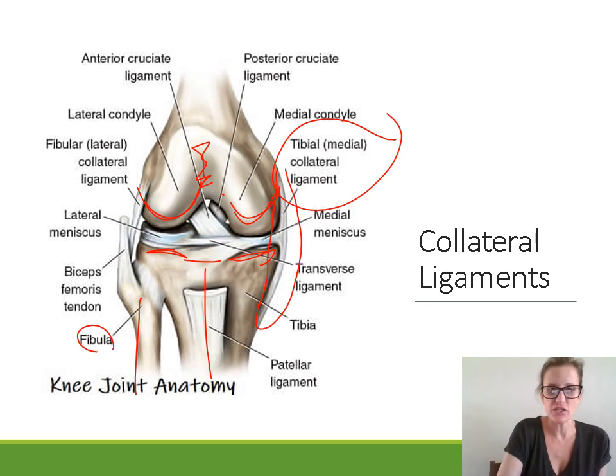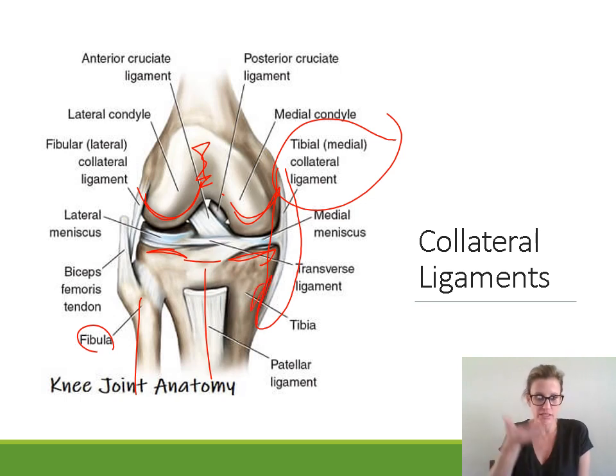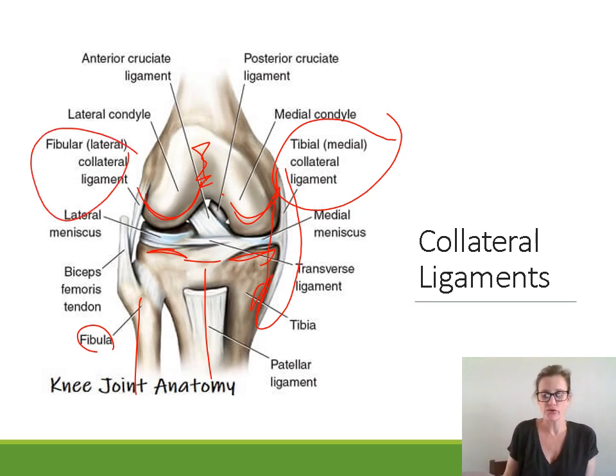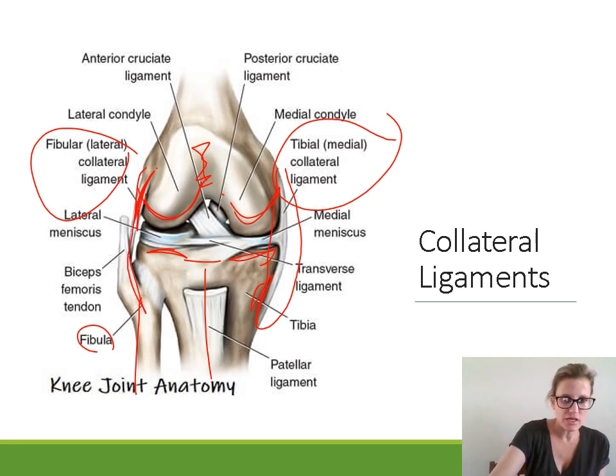Tibial because it attaches to the tibia, medial because it's medially located. On the other side, we have the lateral collateral ligament, also called the fibular collateral ligament because it attaches to the fibula. You can see here it's attaching to the lateral condyle of the femur, and then it comes down in here and attaches to the fibula.